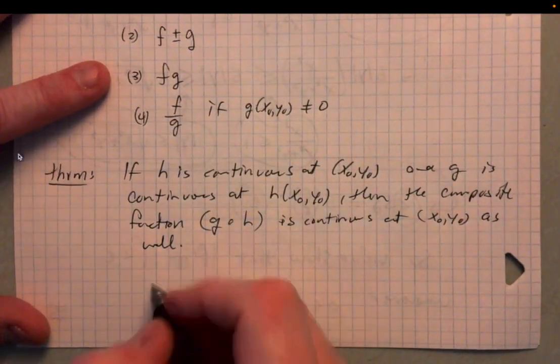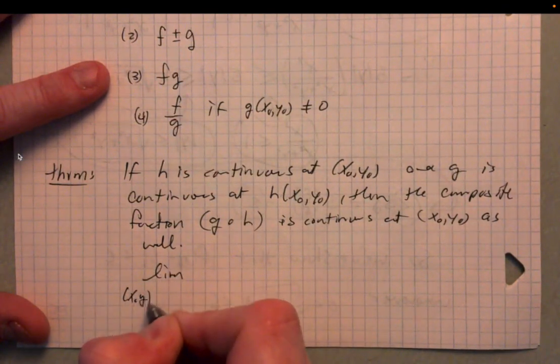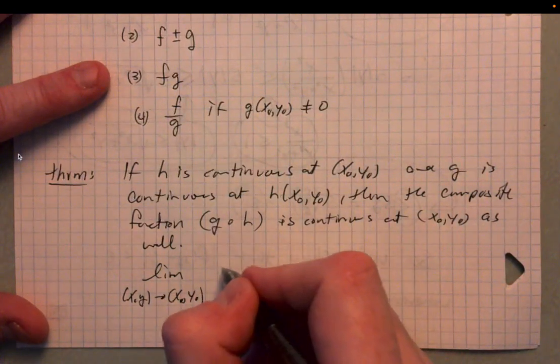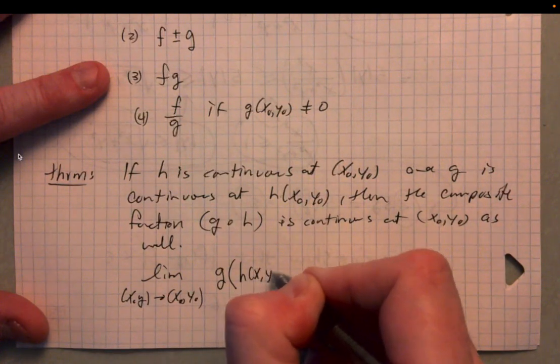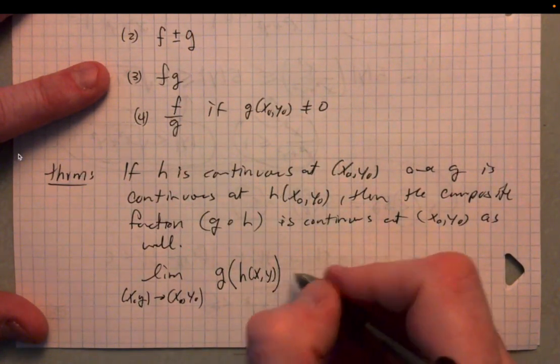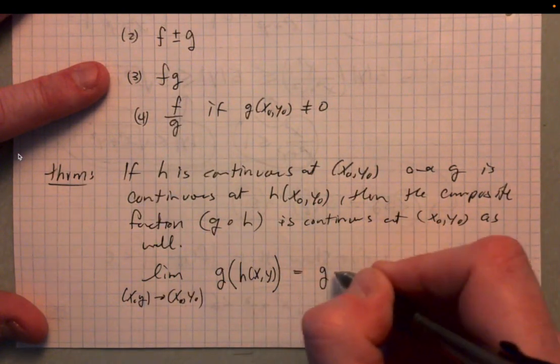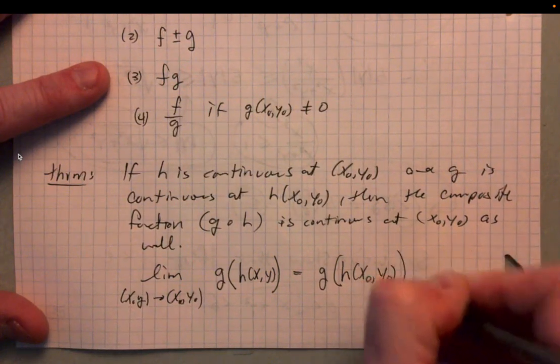Another way to say that is that the limit as (x, y) approaches (x naught, y naught) of g composed of h of (x, y). So continuity means that this would be g of h of (x naught, y naught).